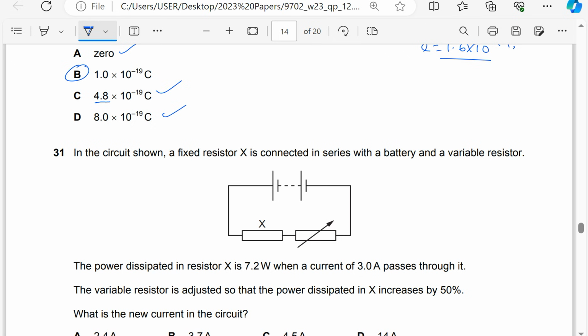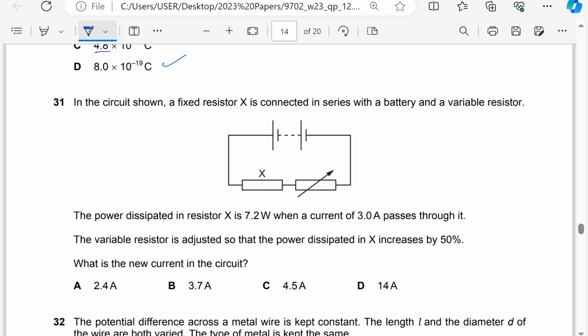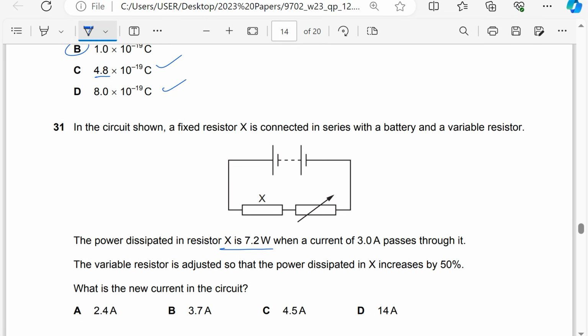In the circuit, a fixed resistor X is connected in series with a battery and a variable resistor. The power dissipated in resistor X is 7.2. So the power in X is 7.2. But remember, power dissipated in a resistor is the current squared times the resistance, which is going to be the resistance of X. And the current is 3.0.